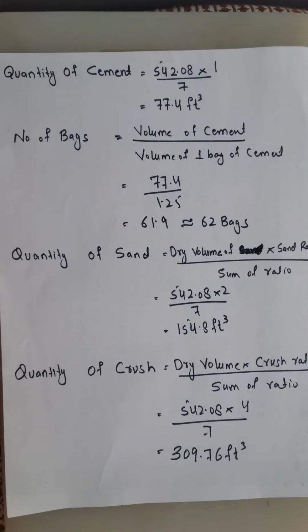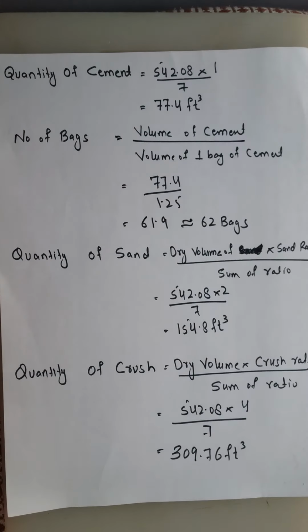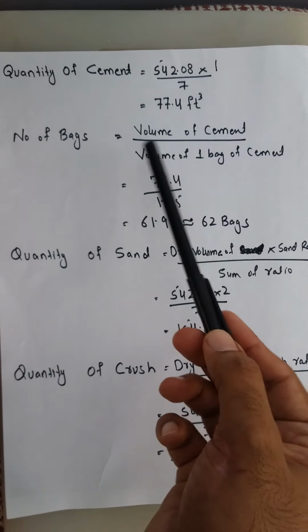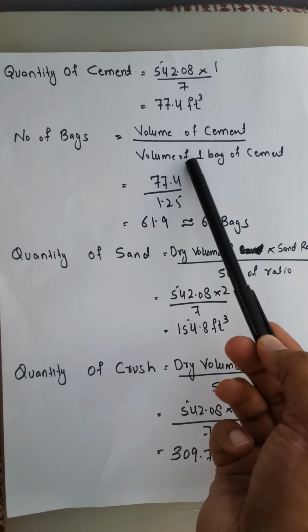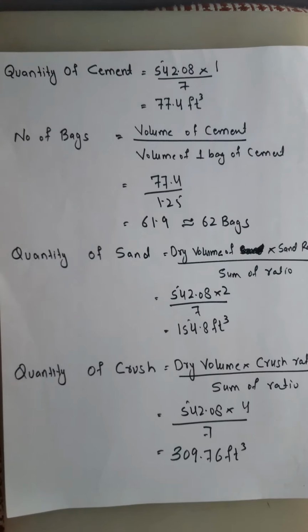Now friends, as you know, we cannot ask our vendor to give us cement in cubic feet. The vendor will always give us cement in bags, so we must know how to calculate the number of bags. The formula for number of bags is simple: the volume of cement divided by the volume of one bag of cement.